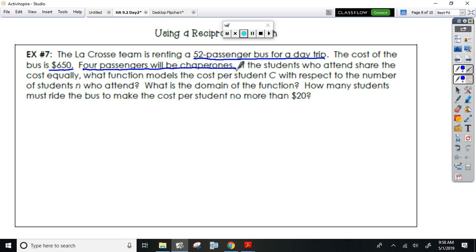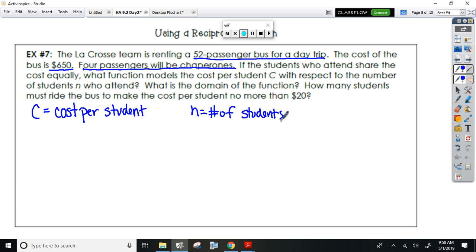So let's write that out just so you guys can see. C equals the cost per student. They defined these variables for us with respect to the number of students, so that's N. Then we also have to define the domain and then use the function to figure out how many students must ride the bus to make the cost per student no more than $20.